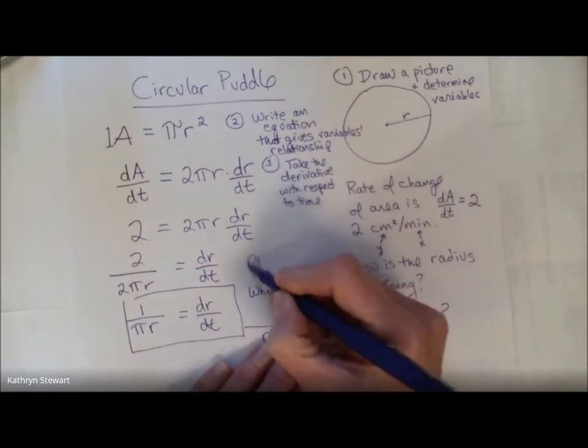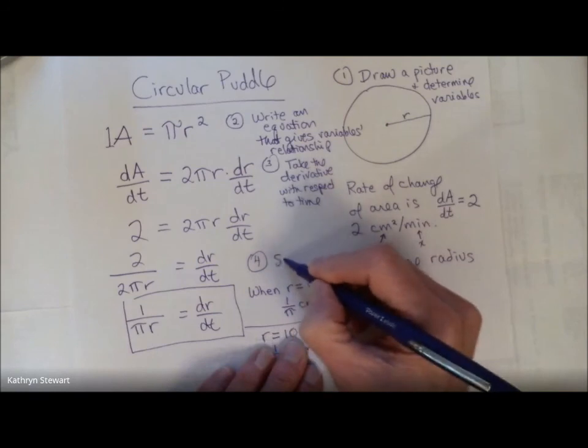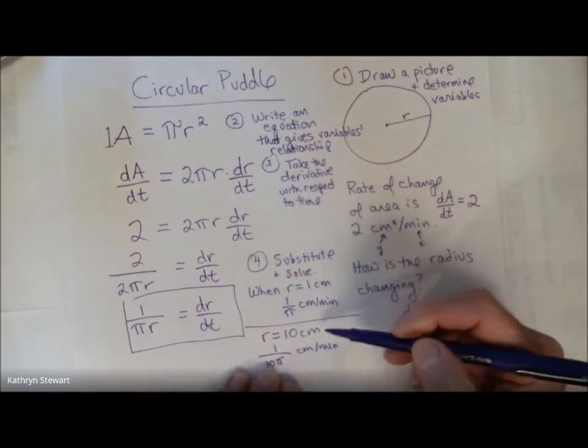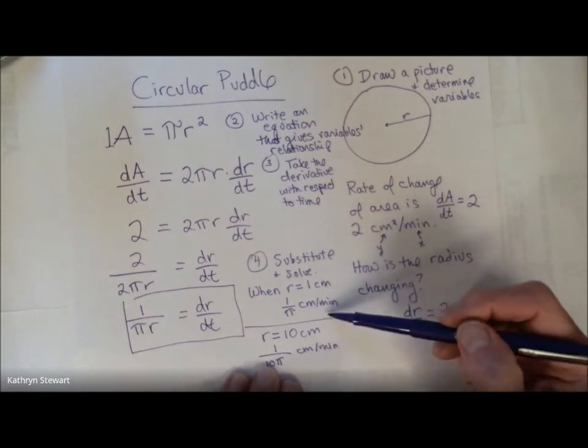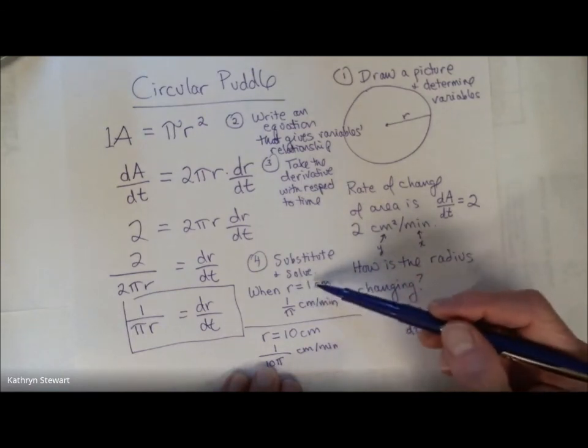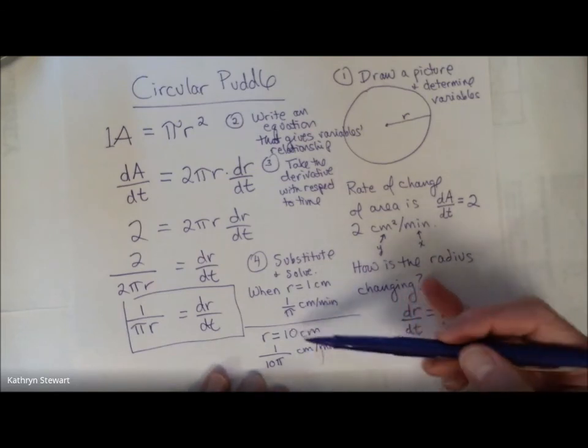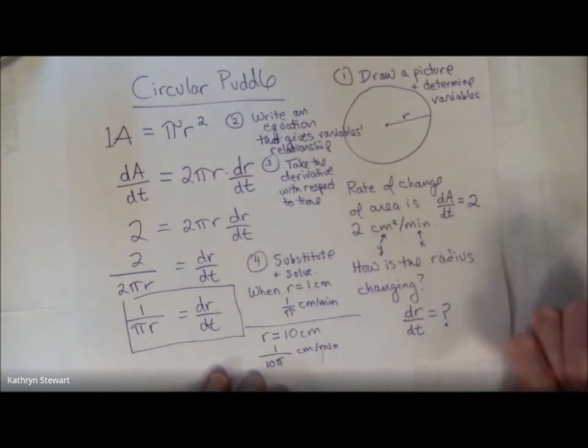And 4, substitute in any values. So I might ask, how fast is the radius of this puddle growing when the radius is 1 centimeter? How fast is the puddle growing when the radius is 10 centimeters? And so on and so forth. Okay. These are fun problems. They can get complicated, but I think they're fun.